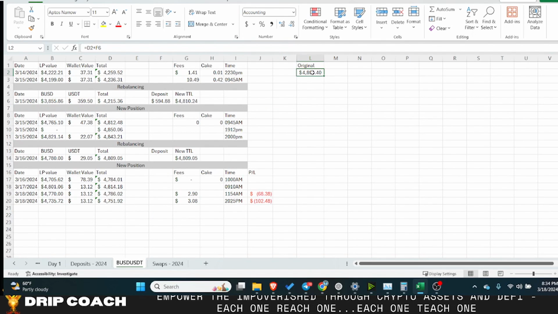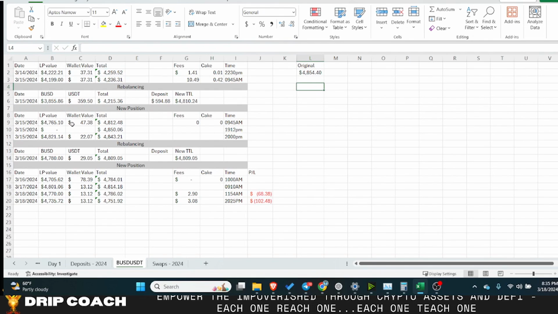So I put this new original value here, starting on the 15th, of what my wallet value should be. That was adding in the total that I had at the end of day 15, and then what I had swapped over and deposited. So my wallet should contain this amount currently.